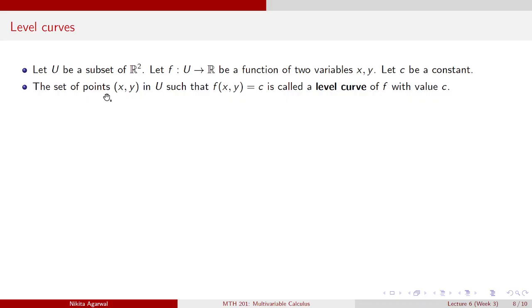The set of all points (x, y) in the domain such that the value of the function is C is called a level curve of f with value C. This can also be thought of as the intersection of the graph of the function f with the plane z equal to c, right? Because z is equal to f(x, y).